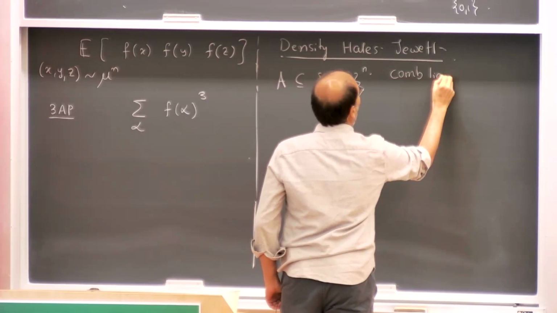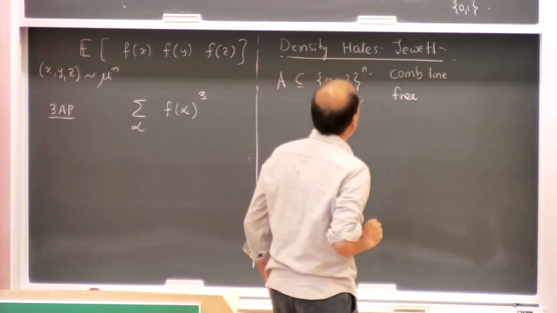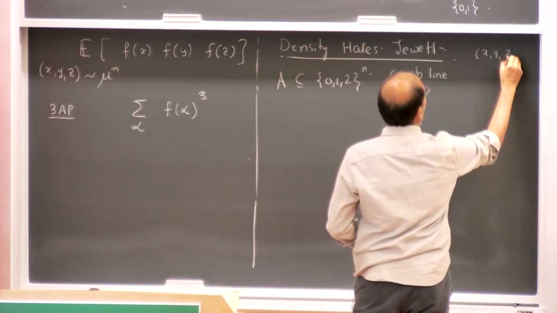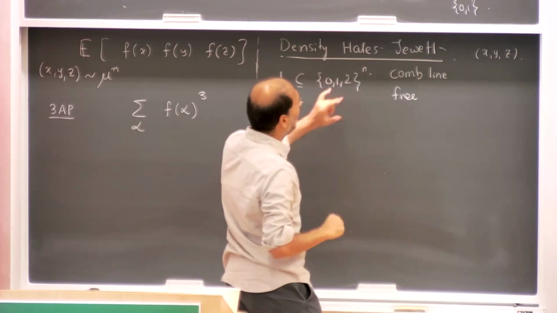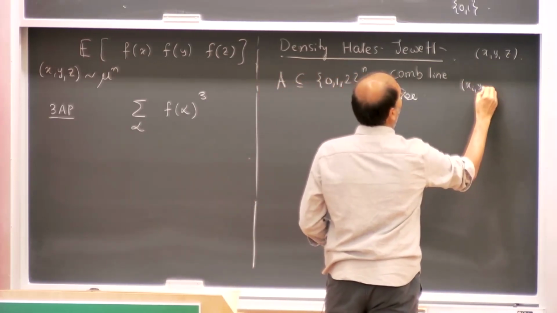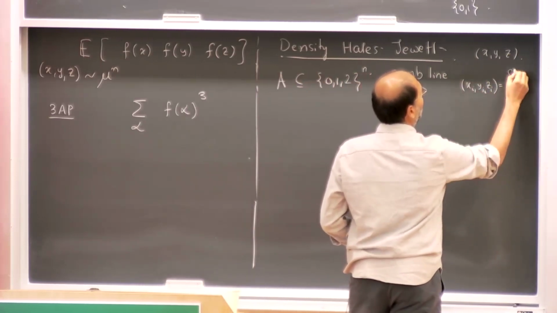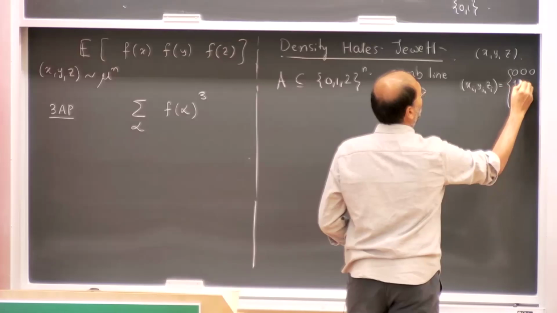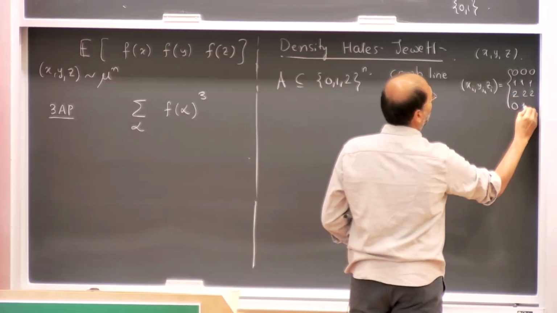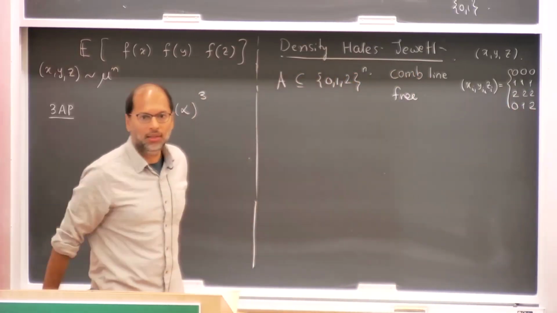And what's a combinatorial line? It's again a set of 3 points x, y, z in the space {0, 1, 2} to the n, such that on each coordinate, xi, yi, zi is either equal to 0, 0, 0, or 1, 1, 1, or 2, 2, 2, or 0, 1, 2 in that specific order.